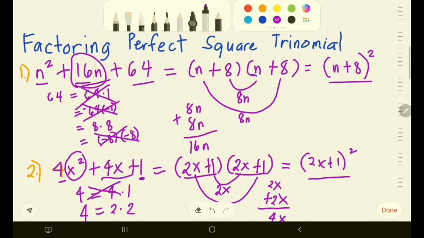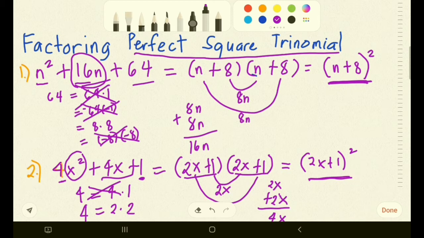This is a special trinomial. The given examples 1 and 2 are called perfect square trinomials. As you can see, their factors are expressed to the power of 2. That is why they are called perfect square trinomials.